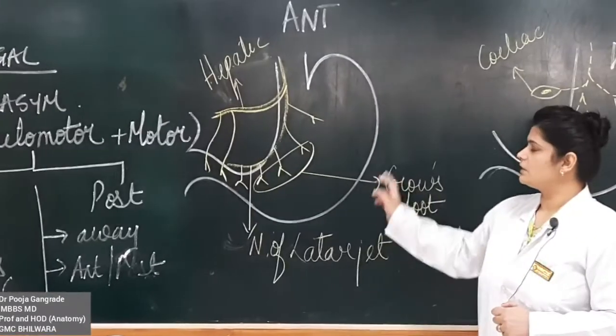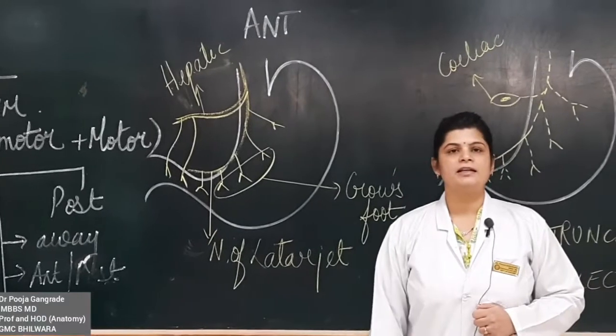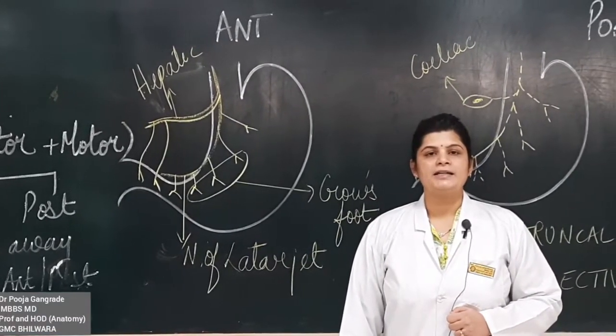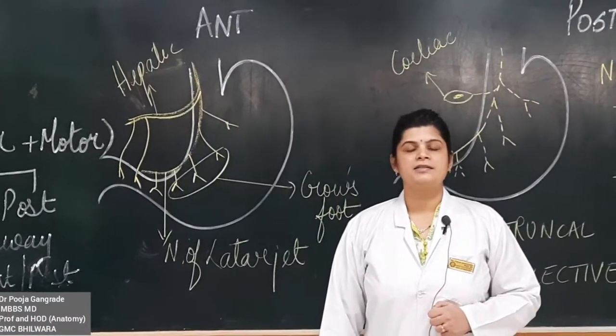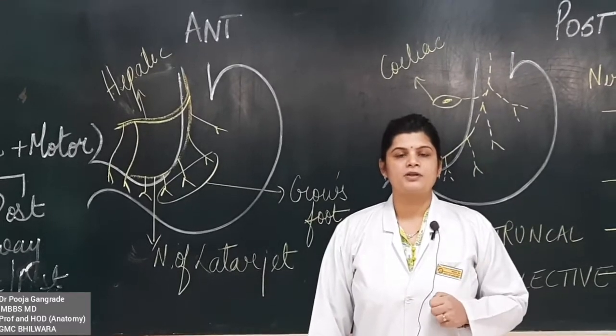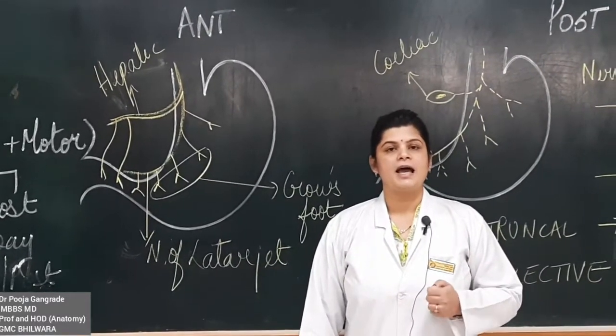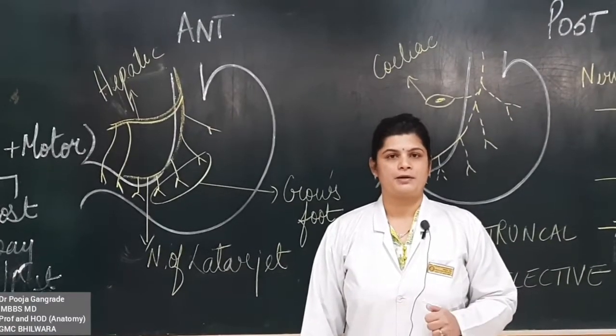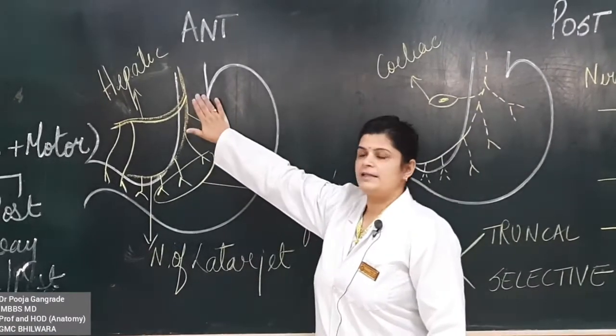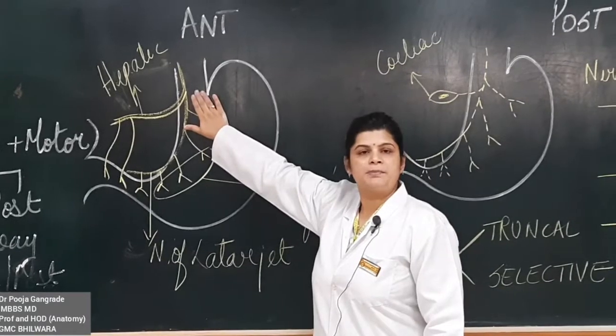Let's come down to this diagram which shows us the anterior vagal trunk. Remember, the anterior vagal trunk is in close proximity to the esophagus, the lower end of the esophagus, as well as that of the stomach. मतलब anterior vagal trunk stomach से चिपक के चलेगी.